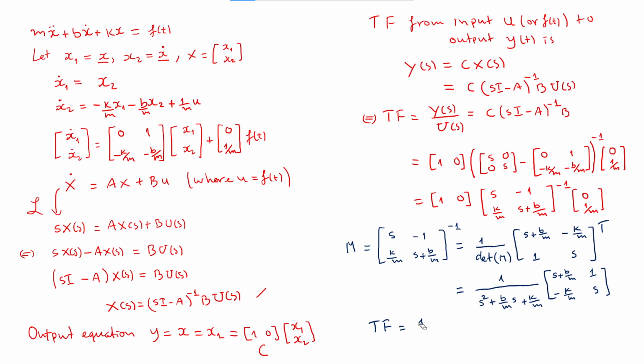So you can have the transfer function equal to, just keep 1 over the determinant here, and then C as 1 0, and your new matrix here, s plus b over m.